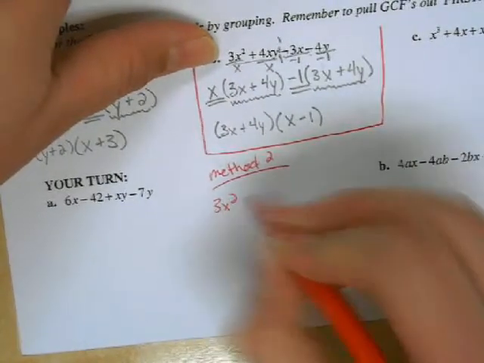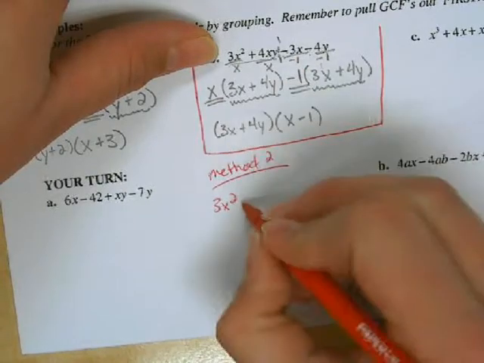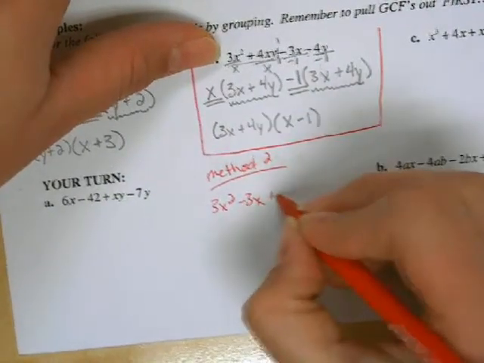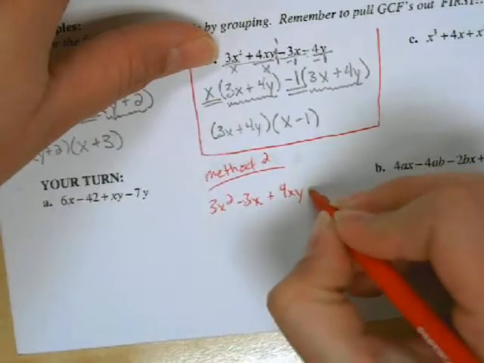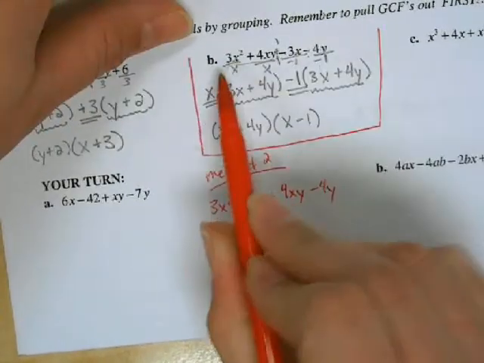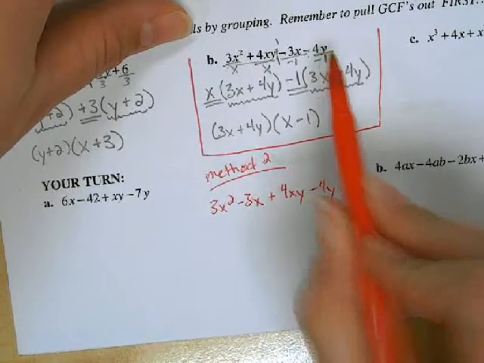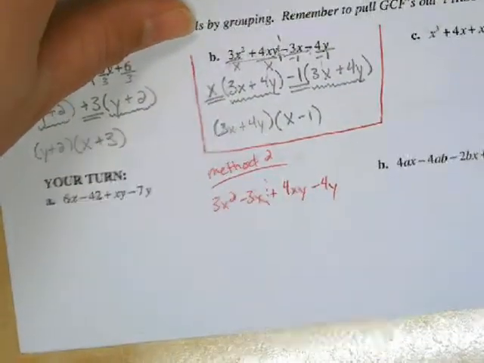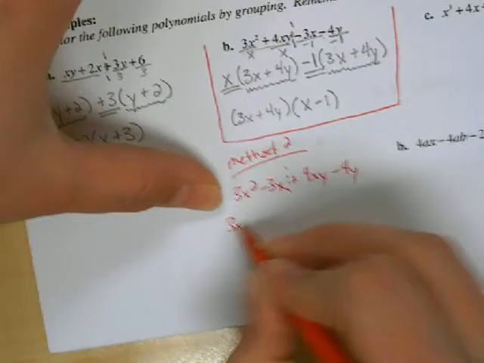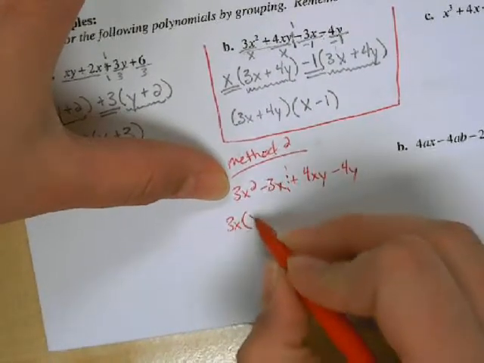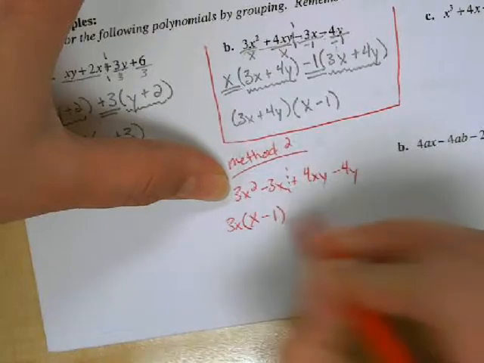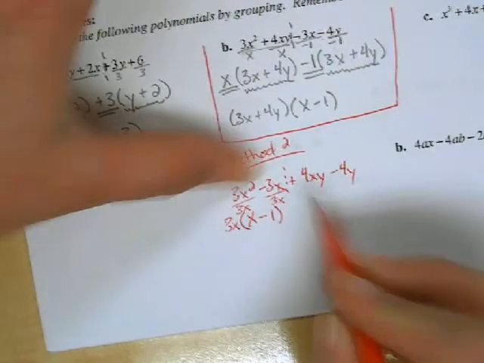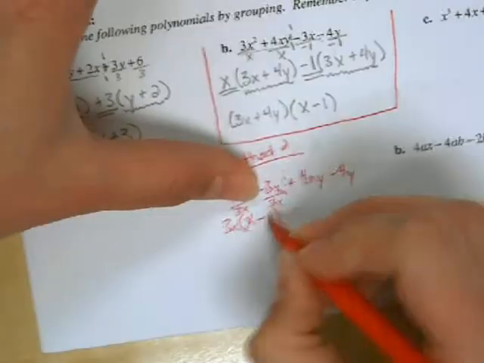Some of you may have noticed that there was a 3 and a 3, and then we had a 4 and a 4. So I'm just rewriting the order of these ones right here, keeping their signs with them and everything. Then when I do my factor by grouping, here I can take out a 3x, and I'm left with an x minus 1. Remember, when I divide, 3x divided by 3x gives me the 1, so I have x minus 1.